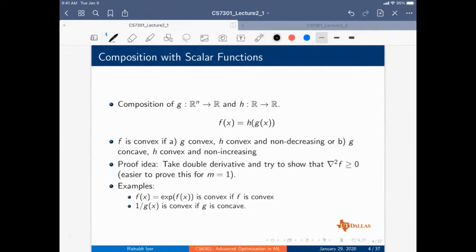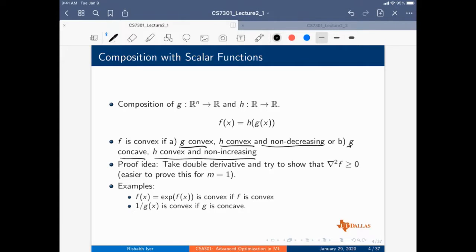All right. So we also saw this last time, and we kind of ended at this point. Compositions with scalar functions can also lead to convexity under certain scenarios. So if you have a function h which is convex and non-decreasing, and g is convex, or g is concave and h is convex and non-increasing, then in general you can show that f will also be convex.